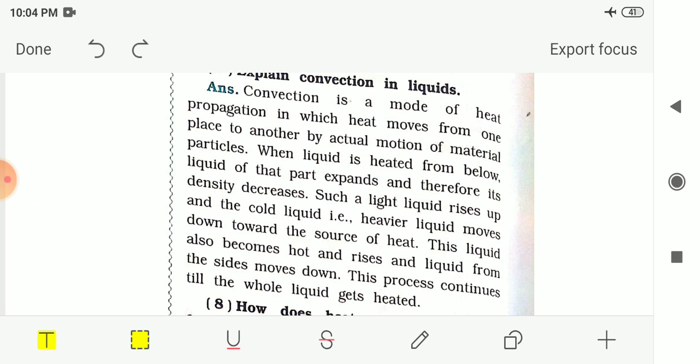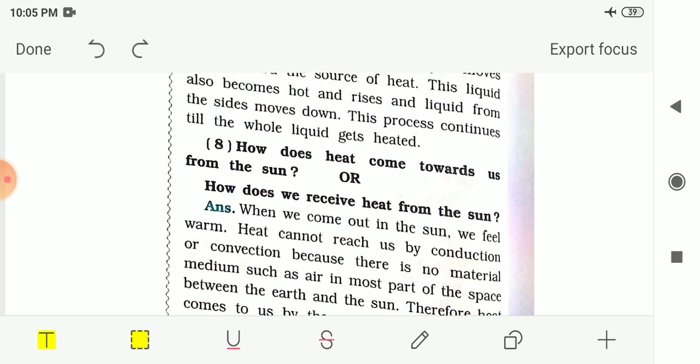So this kind of liquid rises up, and the cold liquid whose density is higher goes downward. The liquid present in the surrounding parts on both sides also goes down, and this process continues till the whole liquid gets heated. So this is how the convection process occurs in liquids.